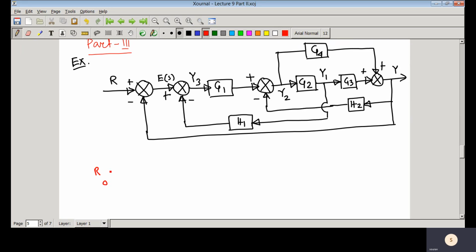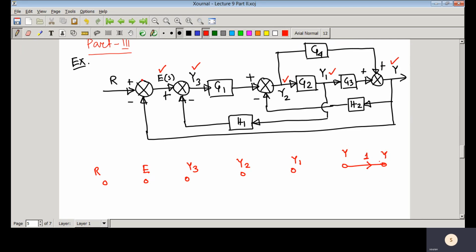So here one variable is R, that is the input, and another variable is E. Now the next variable is Y3, then another variable is Y2, then the next variable is Y1, so there is another node, and then this is Y, and as this is the output node, that is Y with gain 1.